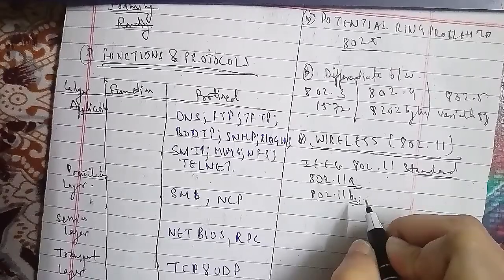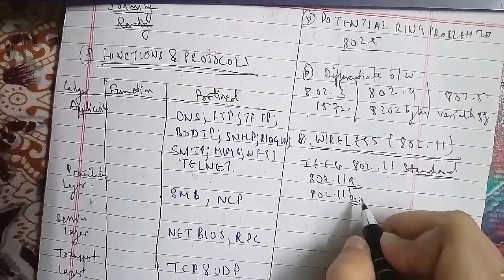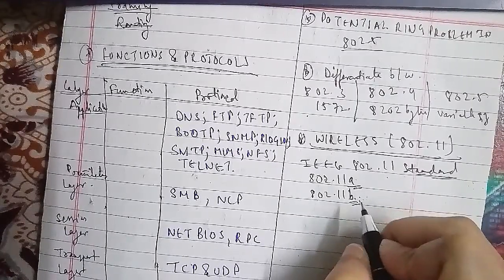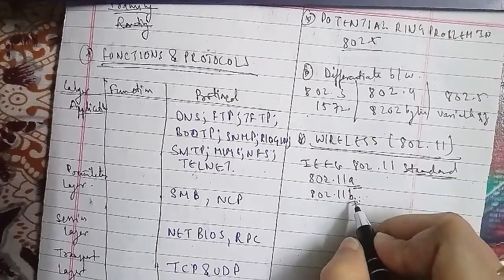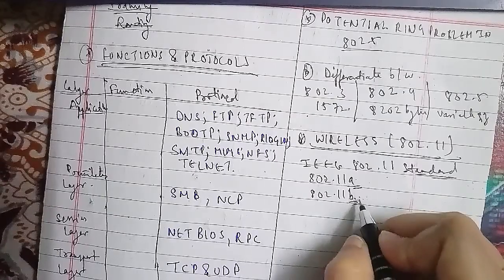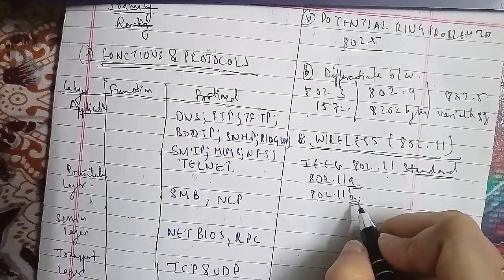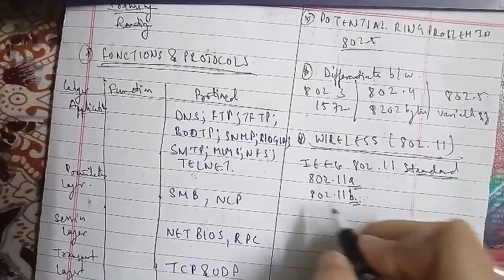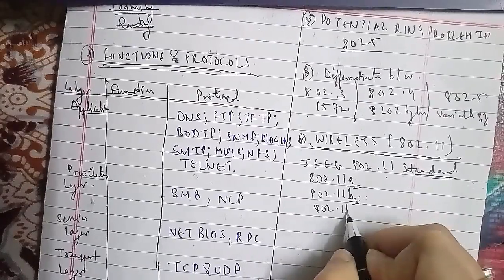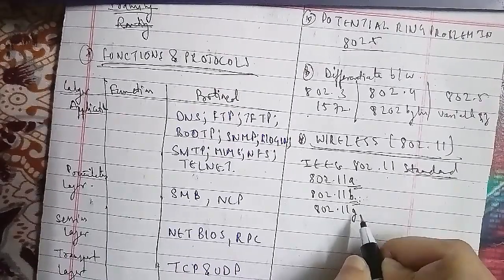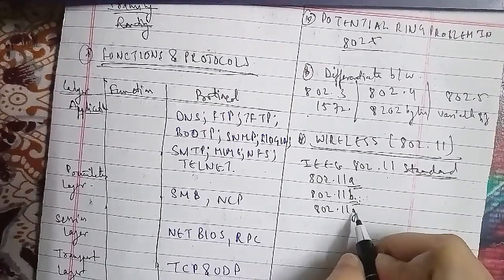Also, the collision may not be detected because of the hidden station problem. And third, the distance between stations can be great, and signal fading could prevent a station at one end from hearing stations at the other end.